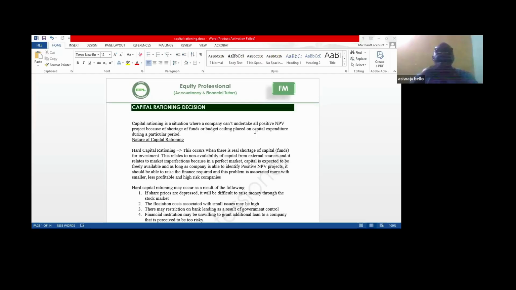Where a company is faced with capital rationing, how can we decide how to allocate available capital in such a way as to maximize our profit?